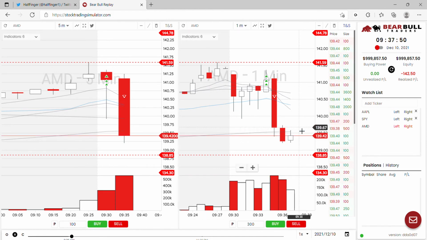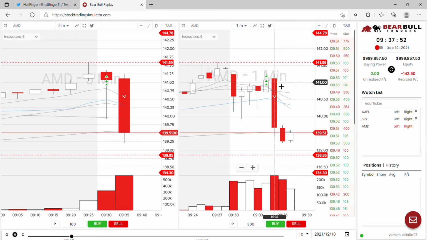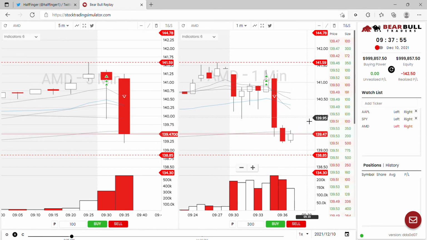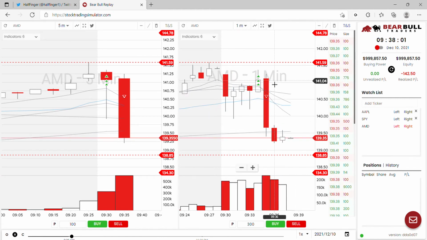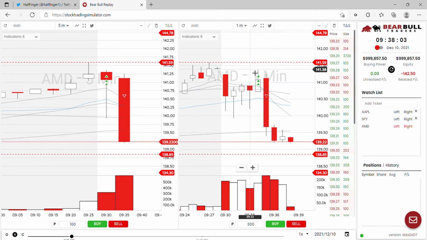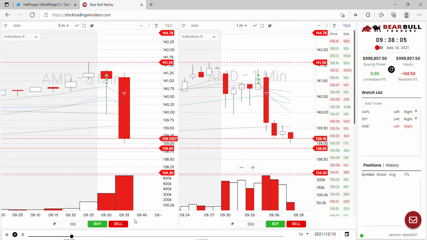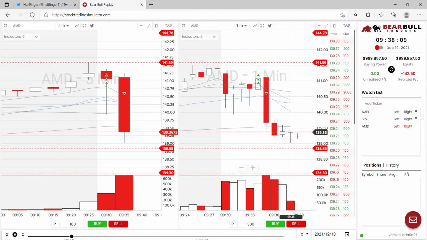Maybe we can get another possible entry for a short here, because it looked like a long, and it just couldn't push through. I'm gonna go short here, I think.